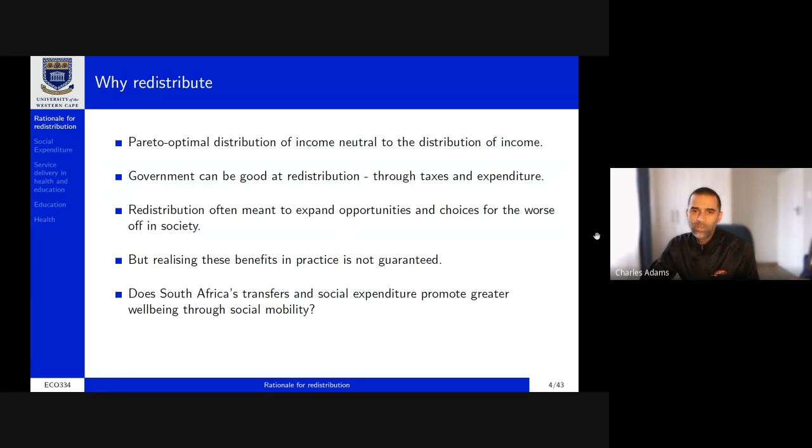Now, it turns out government can be good at redistribution. There is a case to be made for private redistribution in the form of NGOs, etc. And many libertarian-leaning people thinking about policy would suggest that there should be more scope, or government should be more supportive of private redistribution, so in essence, supporting the establishment and development of NGOs. But it turns out that government is quite good at redistribution, given its scale, right?